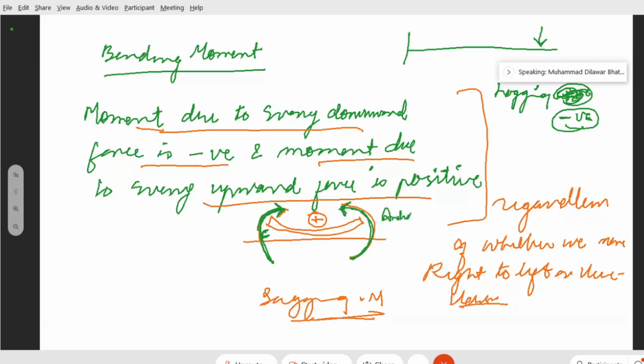Anti-clockwise direction. On the left-hand side it is clockwise, and on the right-hand side it is anti-clockwise. I say both are positive.